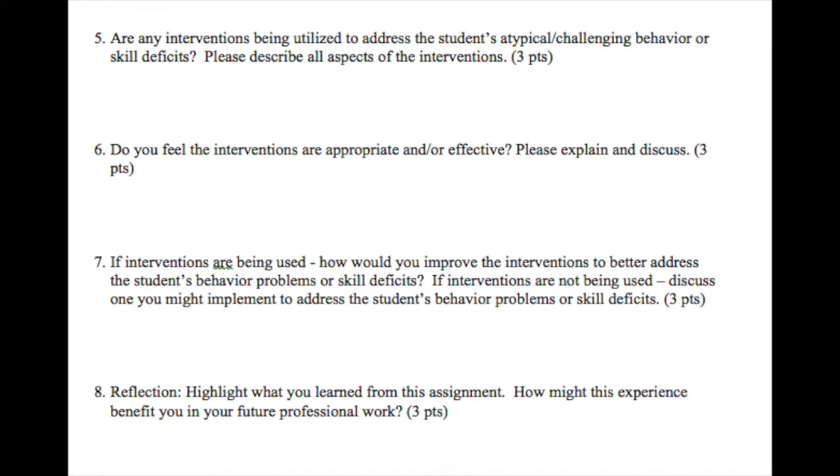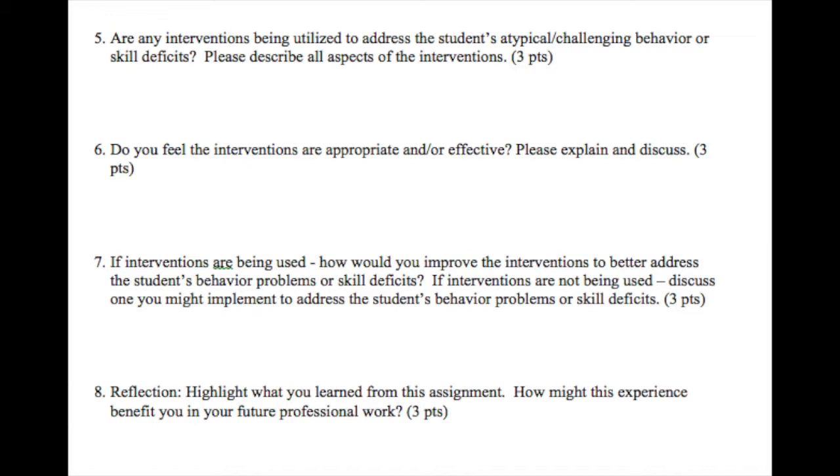This next part, question 5, asks if there are any interventions being used to address the student's challenging behavior or skill deficits, and to describe any aspects of the intervention. So really you should write something for this question.